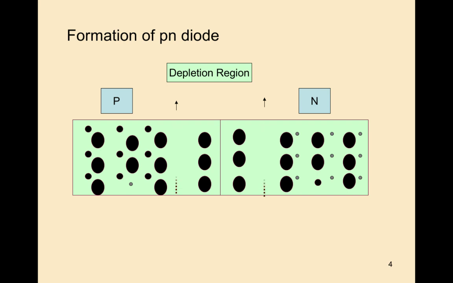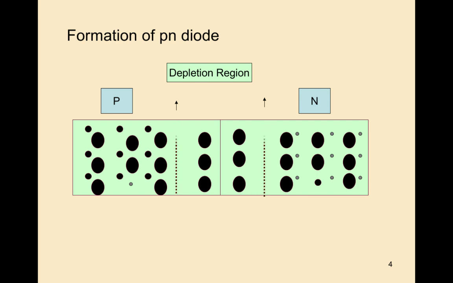By this recombination, some voltage will be generated here. That voltage, that potential, we call the potential barrier. After this voltage, there is no diffusion between the p and n-type semiconductors, so it results in a depletion region.